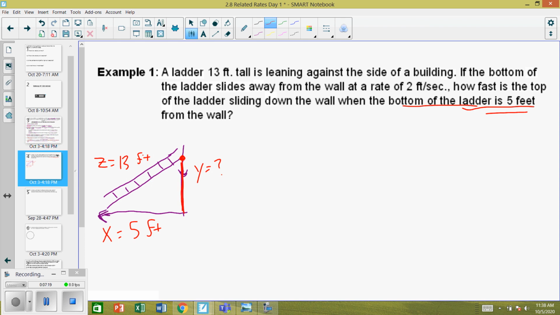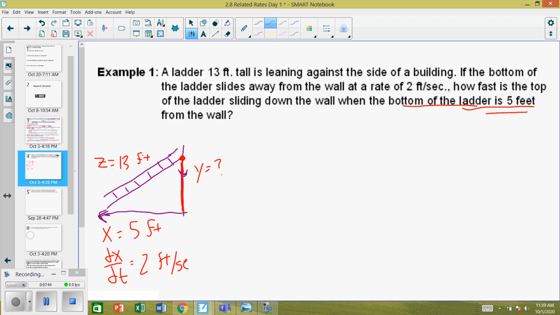That's something else I like to label. I like to label all the variables and all of the rates of change. So for instance, dx over dt is the rate at which the x value is changing with respect to time t. And in this case, it tells me it is 2 feet per second.